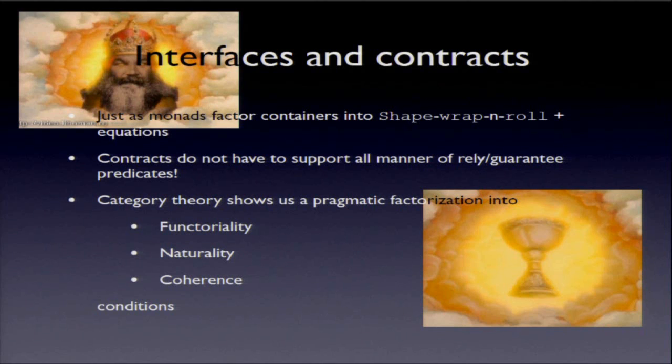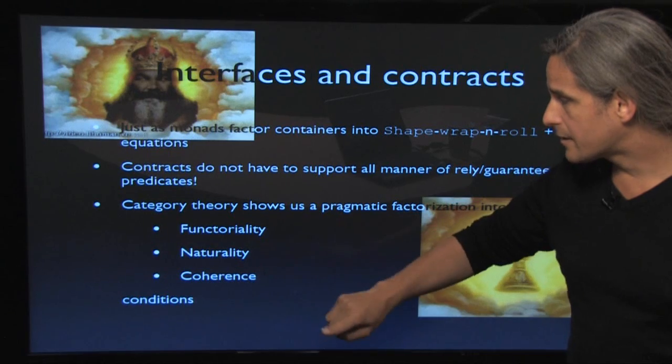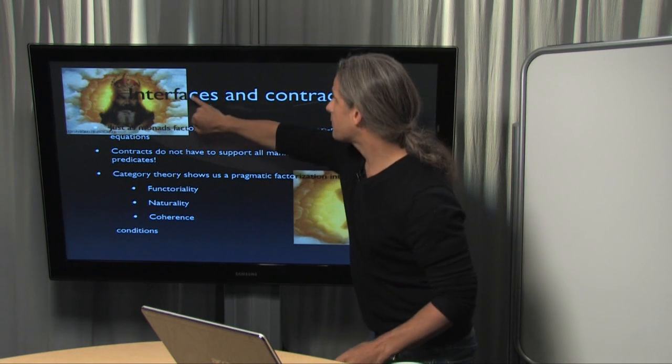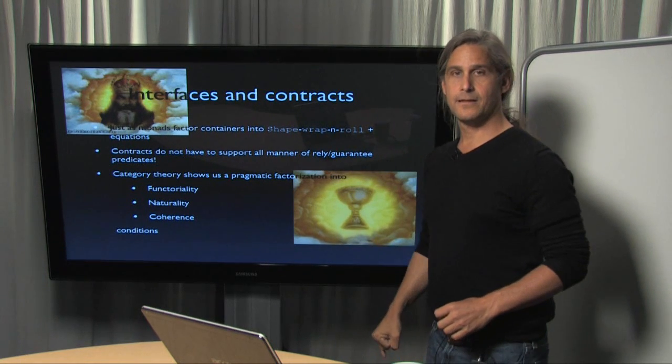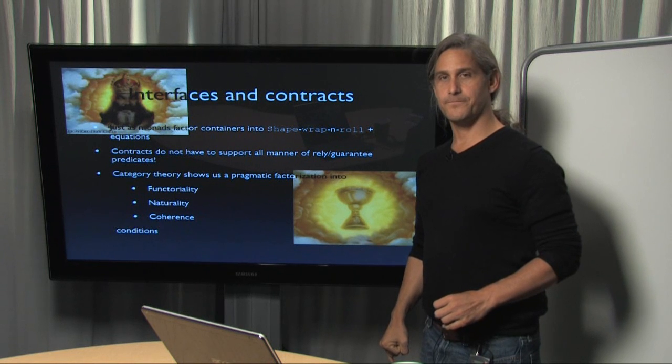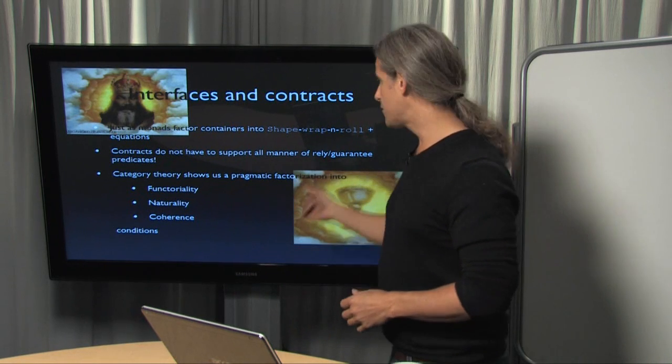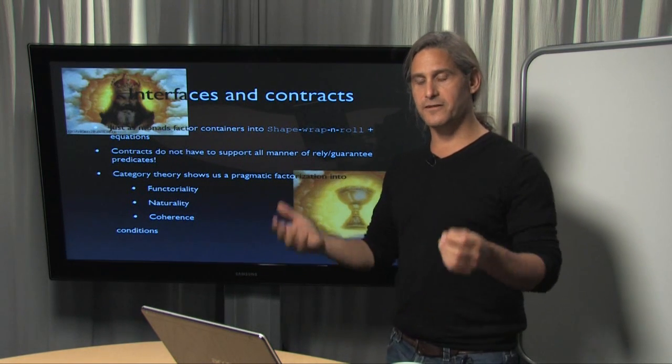And for those in the know, you can think of that as essentially the downfall of Eiffel and one of the problems with a general assertion. If you could winnow down what you had to support to just functoriality, naturality, and coherence on your interface as the data you add to interfaces to turn them into contracts, life becomes much more feasible. Anyway, so that's where I'm going to leave it for today, and we'll pick it up again next time to show how this all begins to fit into running code.